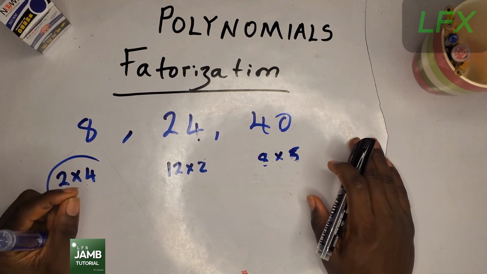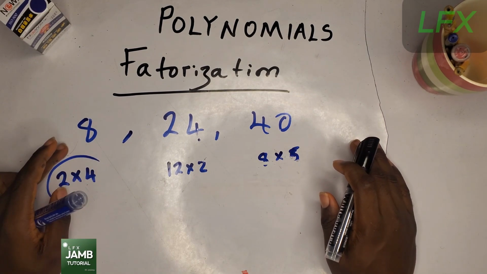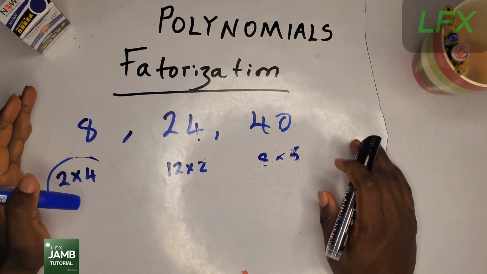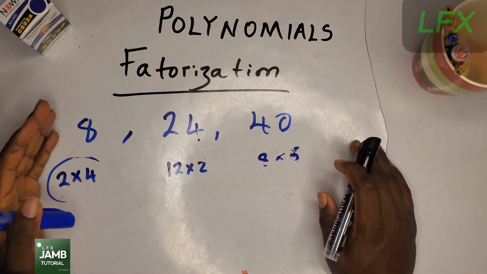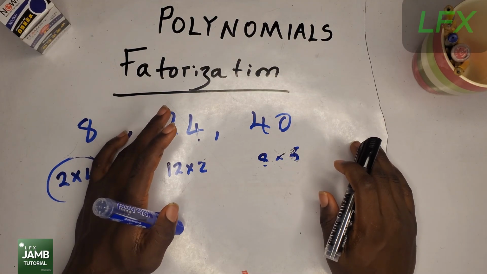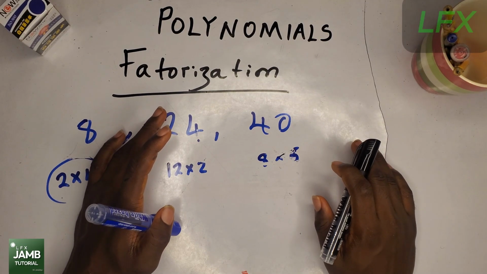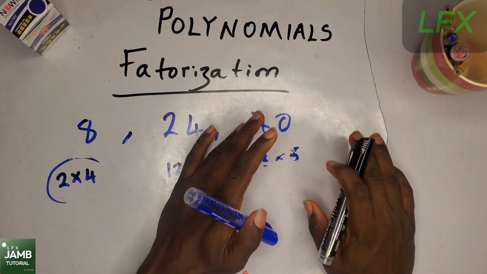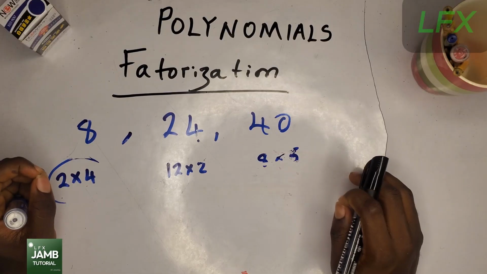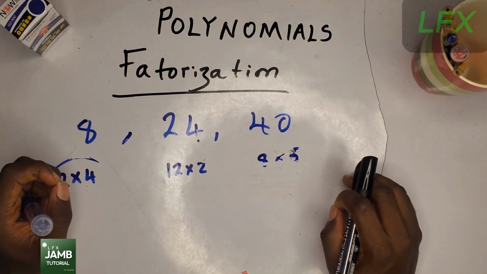That is a factor that can go in all. If I ask you what is a factor that can go in this and this, you easily tell me 2, right? Yes, because 2 in 8 gives you 4, 2 in 24 gives us 12, 2 in 40 gives us 20, right? But this time around, 2 is the smallest number possible that could go in this.